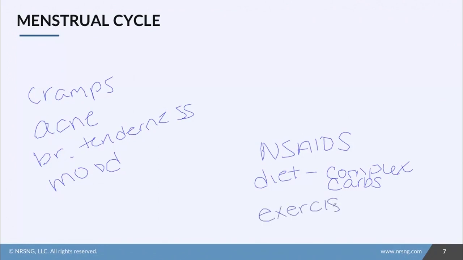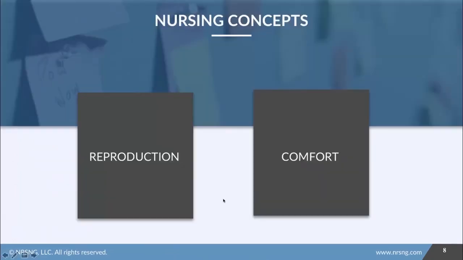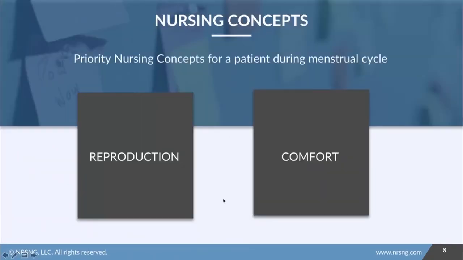So things like yoga, just to help with positive endorphins and to help relieve the discomfort can be beneficial. For nursing concepts, if the patient's pregnant, or if she gets pregnant, we're going to consider reproduction to be a concept. And then comfort is another concept because it's likely that pain will occur for this patient during menses.